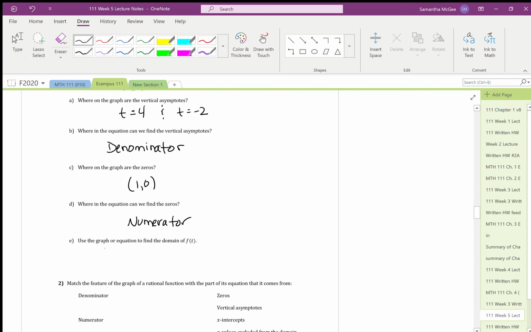So, to find the domain, we're going to find the values that make the denominator 0.